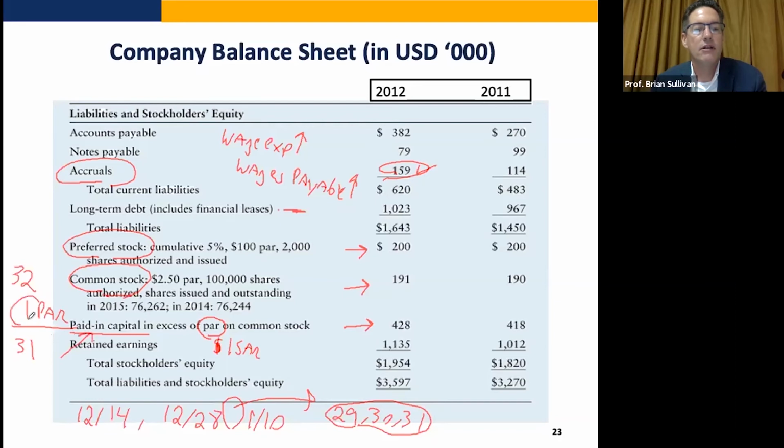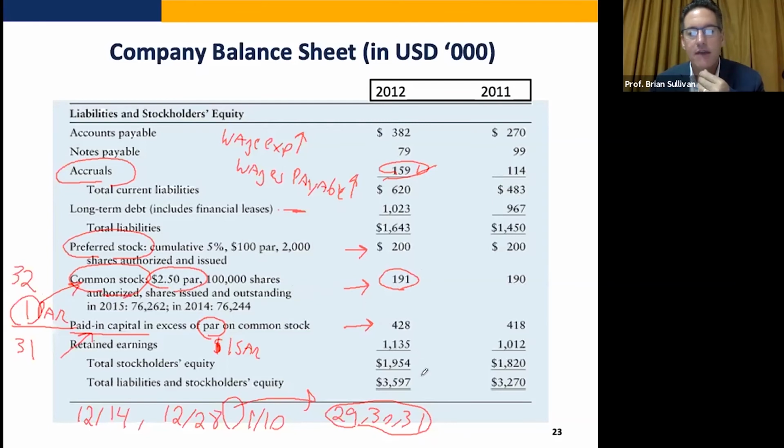The 1 goes into the common stock accounts and the 31 goes into paid in capital. Not a big deal. The reason this is useful, notice this one is 250 par, right? If you divide 191 by 250, you can compute the number of shares, which is nice because when you're doing a ratio like earnings per share, we have to know the number of shares. That's why I find this useful.